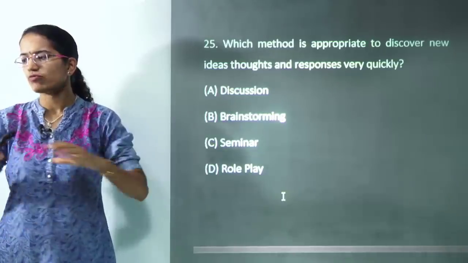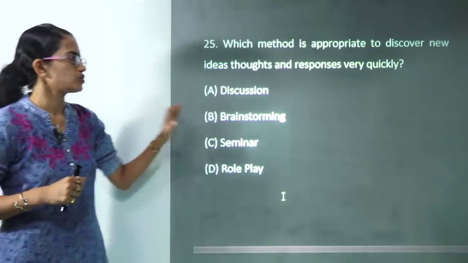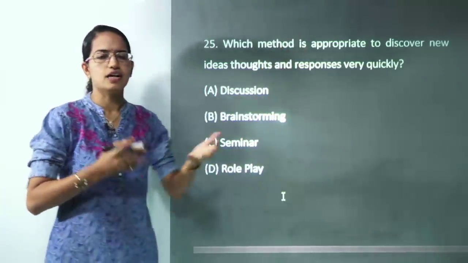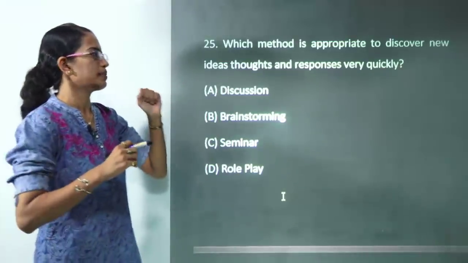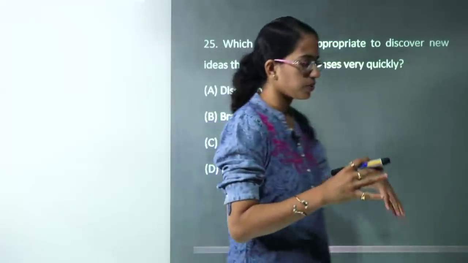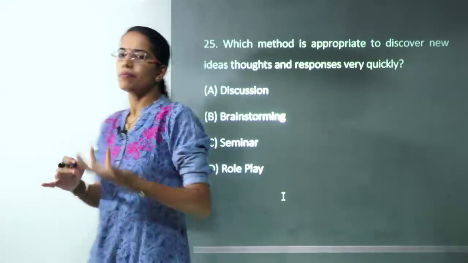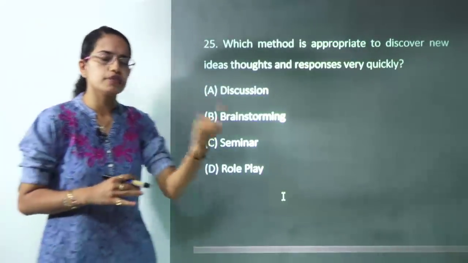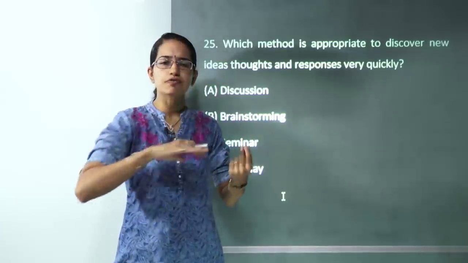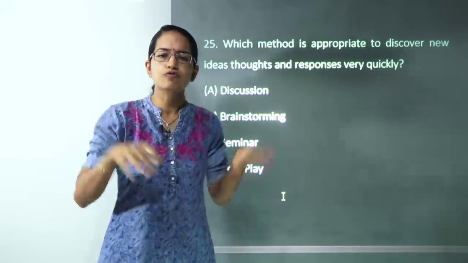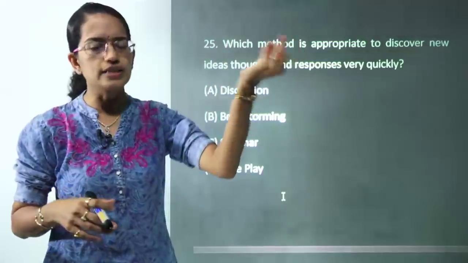Now let me explain what brainstorming is. You have a lot of people coming together on one topic, discussing, generating new thoughts and new ideas, and that's brainstorming. Let's say on a given problem or solution, you have n number of ideas coming up. Out of those n ideas, you select one as the correct one.